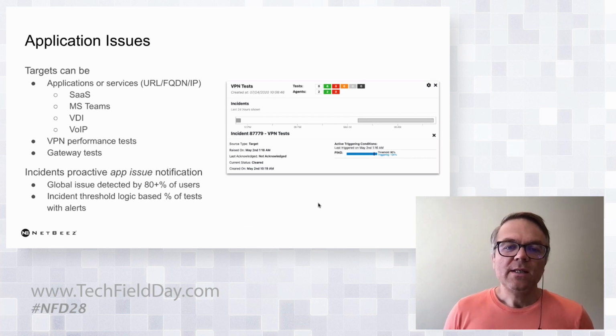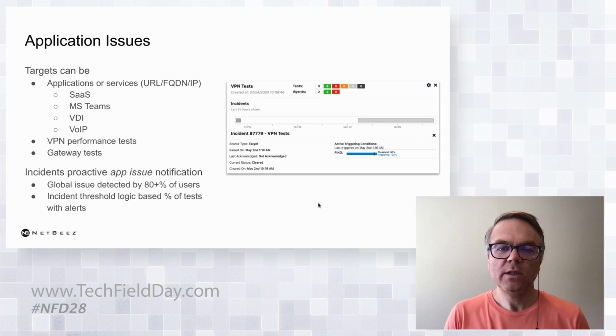So the way we approach this is by measuring the user experience not only from their laptop, but also as close to the application as possible. For an on-premise application that you are hosting in your own infrastructure, the way to do that is to install a NetBeez agent in the same infrastructure as the application itself.